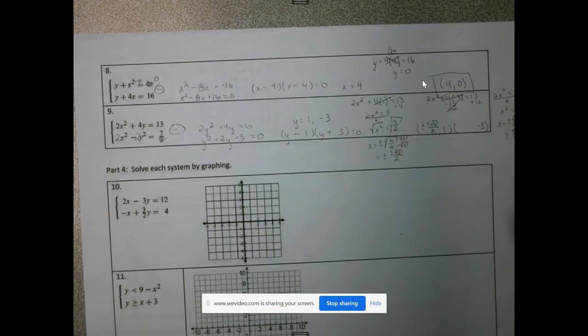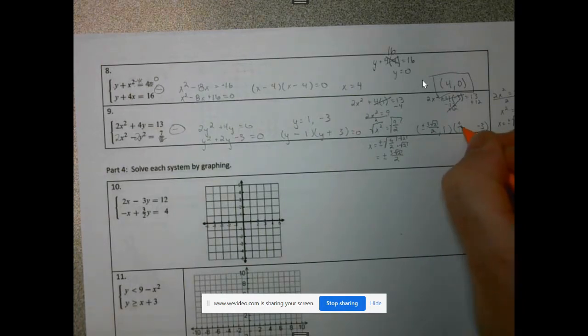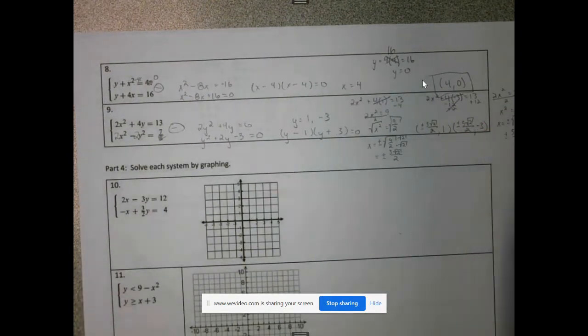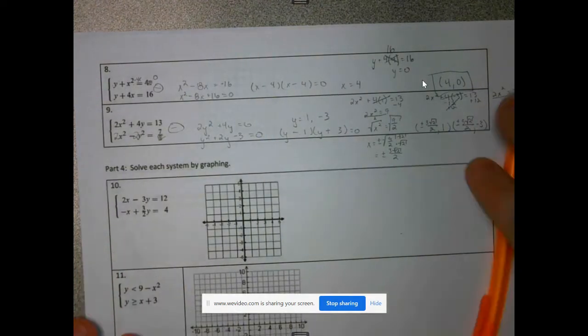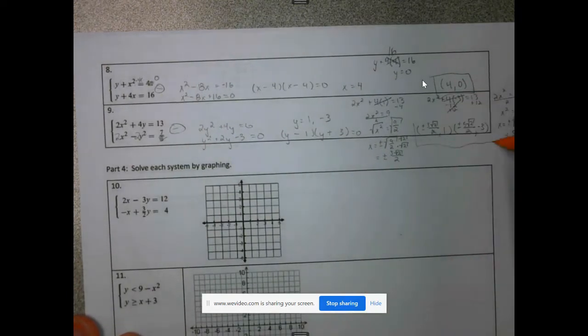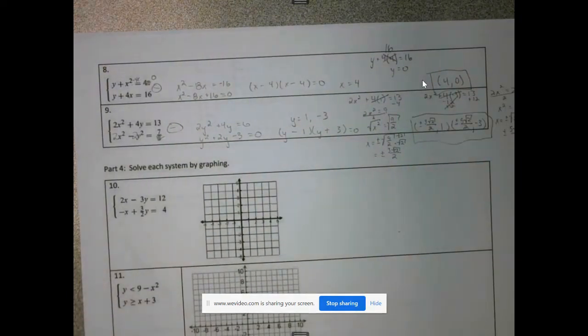And that was with your negative 3. So plus or minus 5 square root of 2 over 2, comma, negative 3. And if you want to write those out in separate ordered pairs, you can, or we can just leave them like this. But these two things do intersect at 4 different spots.